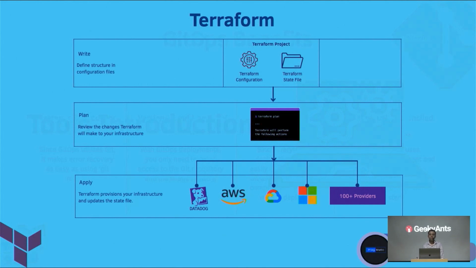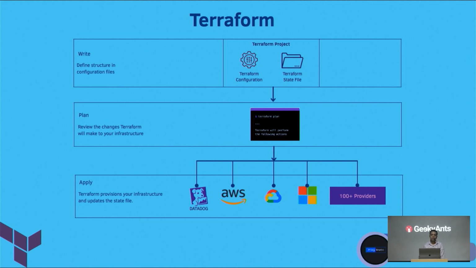Terraform is basically an infrastructure management tool, which allows you to define infrastructure configuration in a simple HCL, or their own proprietary HCL language, wherein you define the infrastructure and then you store it either in Git or your local system.